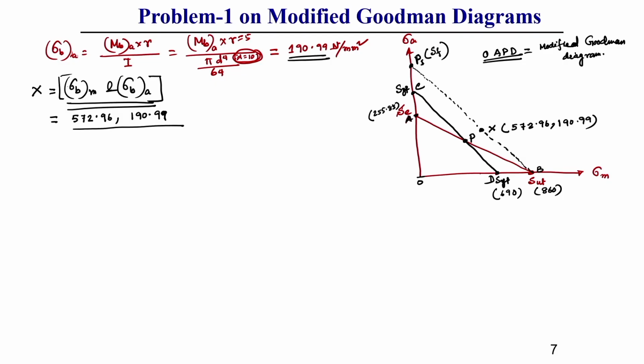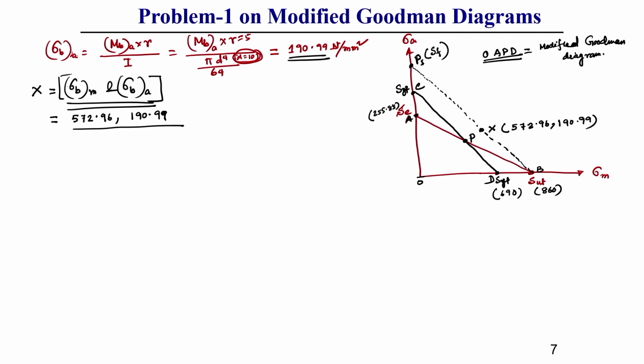How am I doing this? First of all, we need to join from point B, that is the ultimate strength point, to this x point.